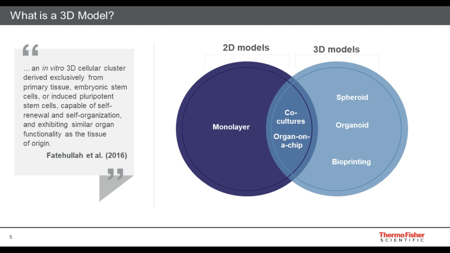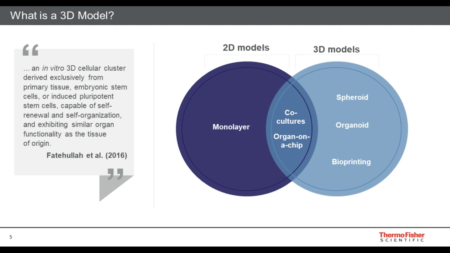And straddling both of these broad classes of models are things like traditional co-cultures, where maybe you mix two different cell types that typically are found adjacent to each other in an organ in an actual animal model. And also, we have the tissue-engineered organ-on-a-chip type approaches, sometimes known as microphysiological systems.